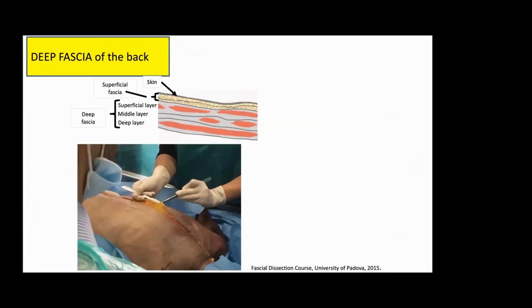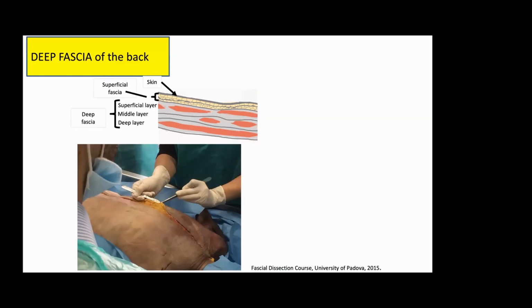Okay, then we are looking at the deep fascia of the back. Now you can see roughly here we are going under the skin and we are looking at the superficial layer, middle layer, and the deep layer of the deep fascia. So it is really holding these 3 compositions.